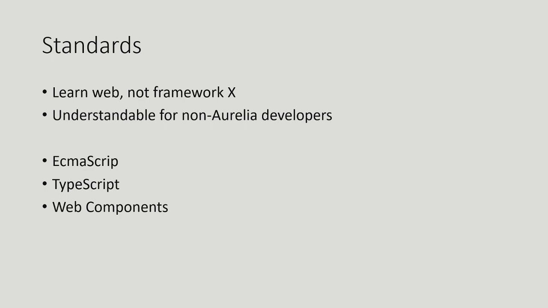And all those things make your application code look like standard code instead of framework code. And time spent on Aurelia is really useful for any front-end development, independent of the framework. So because of these things, it's really useful to learn Aurelia, not because you learn Aurelia, but because you learn all the things that you need for Aurelia, but also need for basically anything if you want to be really good at web development.